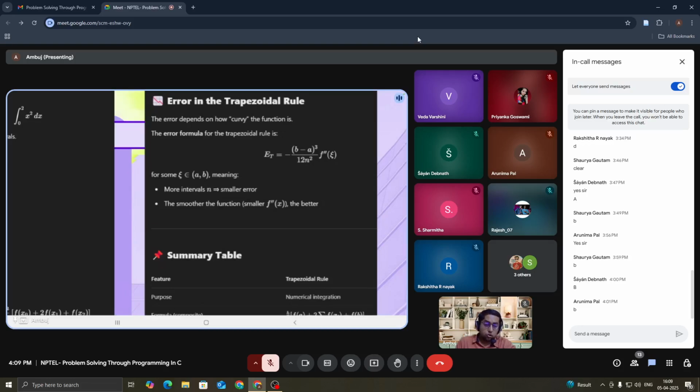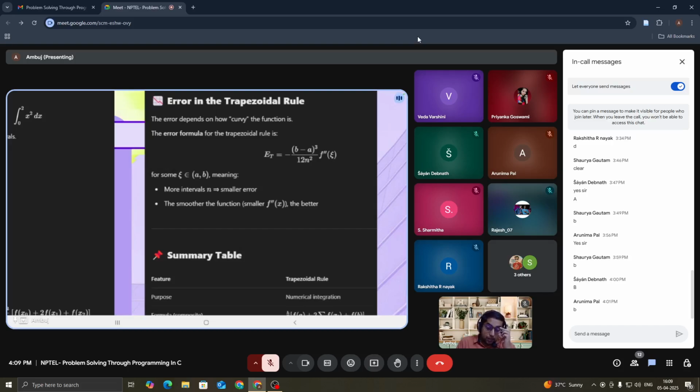The error formula for the trapezoidal rule is negative of (b minus a) cubed over 12 n squared times f double dash of epsilon, where epsilon belongs to some open interval (a, b). The more intervals, the larger n is and the smaller the error. The smoother the function is, the better f double dash x is.